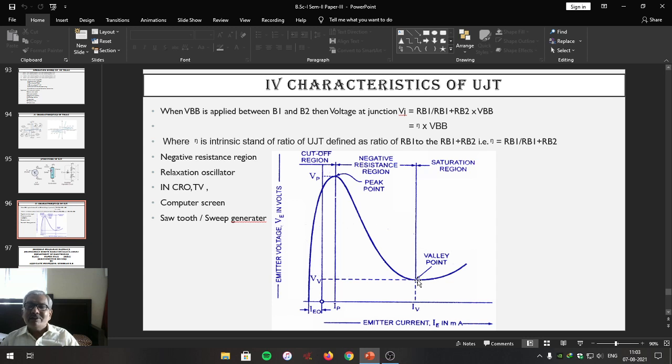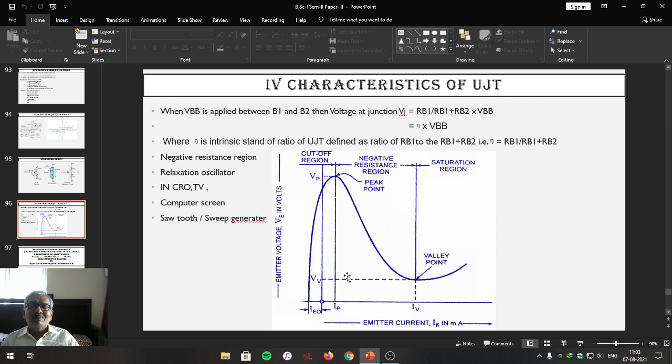After this valley point, again if you increase the current, voltage goes on increasing. This is called a valley point because the shape is just like a valley, where UJT goes to saturation.